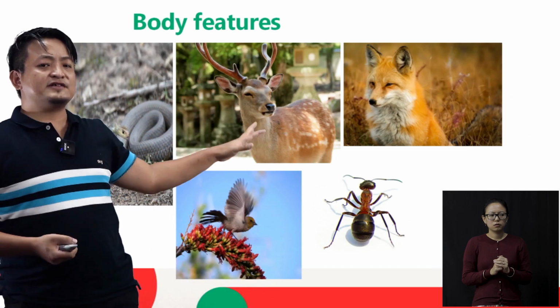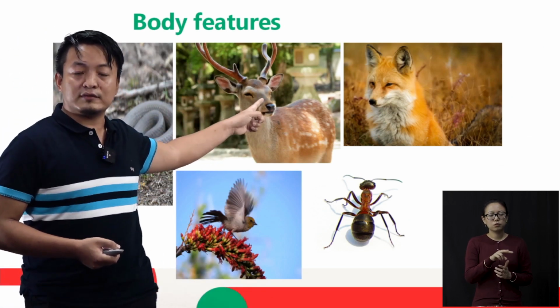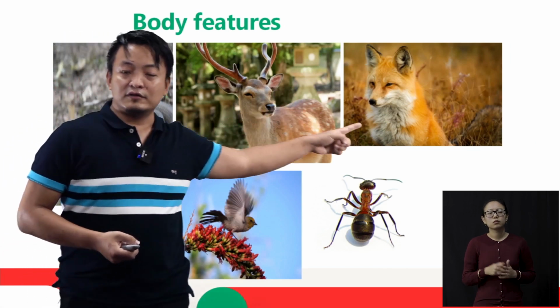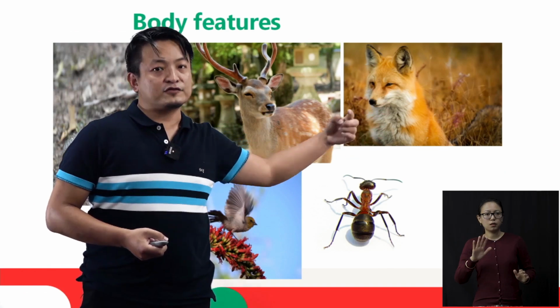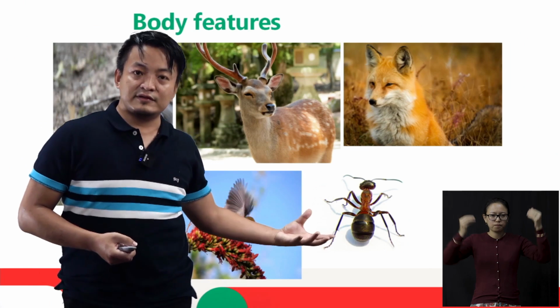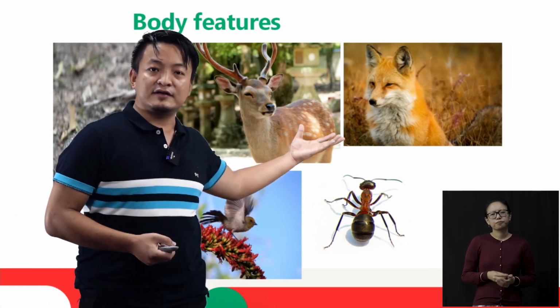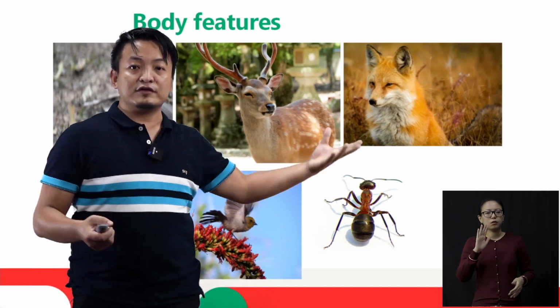So the difference that we can see here is deer has a horn, right? Now, fox, there's no horn. So students, some animals, they have horns, like deer and many other animals, okay? And some animals, they don't have horns.